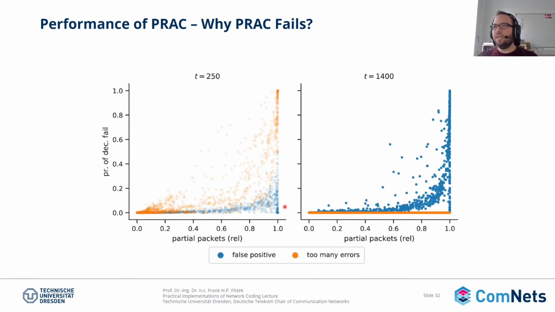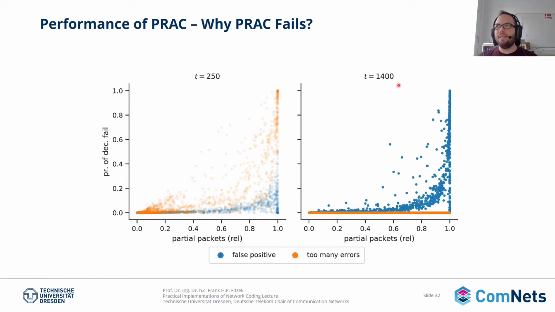So a 1 here would mean that all the received packets were partial. In this case, there are too many errors, and it cannot decode. And if it sees that there are too many errors, it doesn't try to decode, so it doesn't detect the false positive.